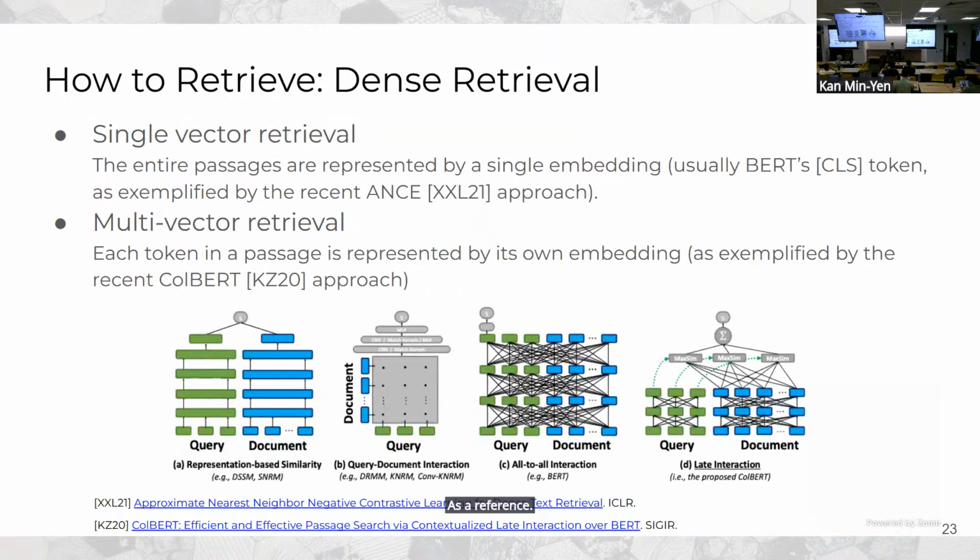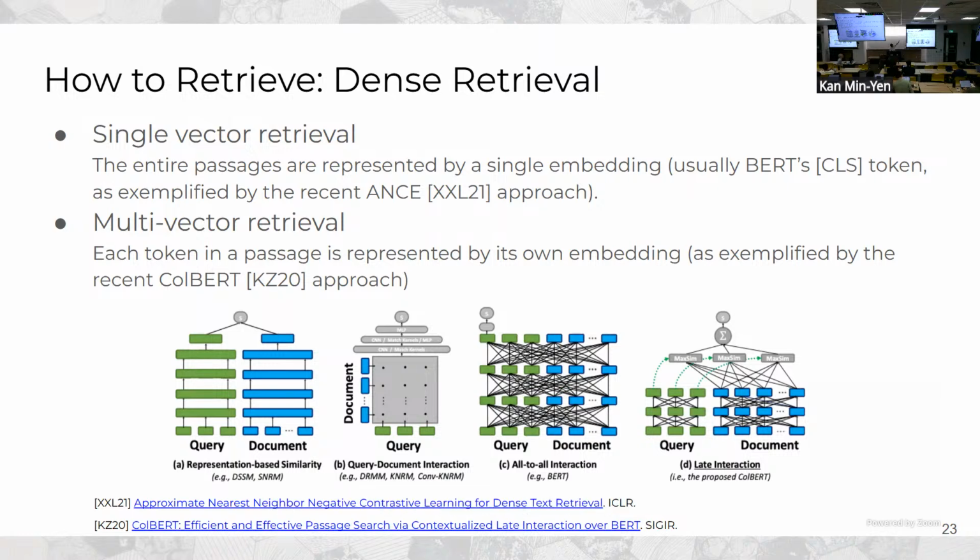Next, we'll talk about another category of retrieval method. It's called dense retrieval. As the name shows, dense retrieval means we represent either queries or documents with dense vectors. We can further differentiate the methods within this category into single vector retrieval and multi-vector retrieval. For single vector retrieval, we represent both query and document with a single dense vector.